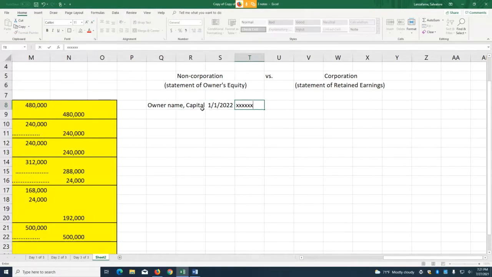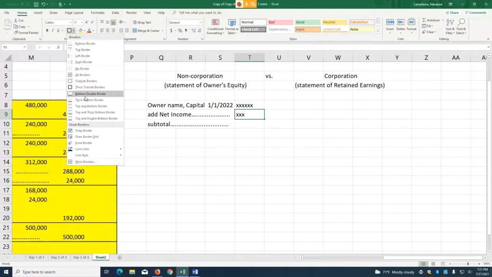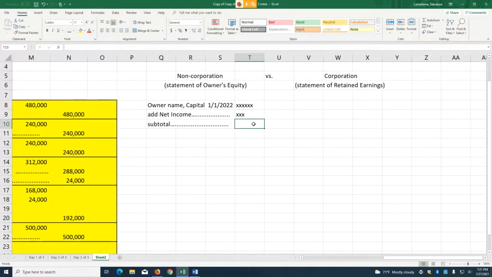And whatever that might be, we would then add net income. This would give us a subtotal. Then we would subtract out drawing.